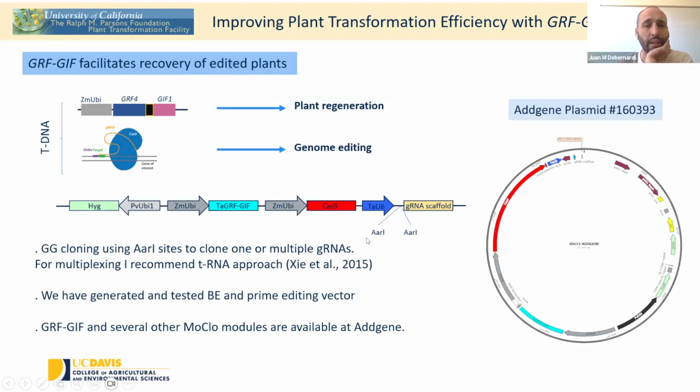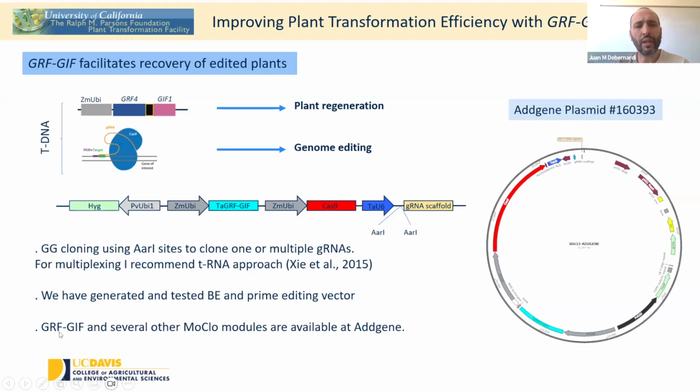Guide RNAs can be cloned as single or multiple guide RNAs, and here I recommend the tRNA approach. In the previous talk, we also observed that the tRNA approach was used for multiplexing. That approach, in my hands, works very well, and works very well in multiple species that we transform in the transformation facility. So this vector is available in Addgene.